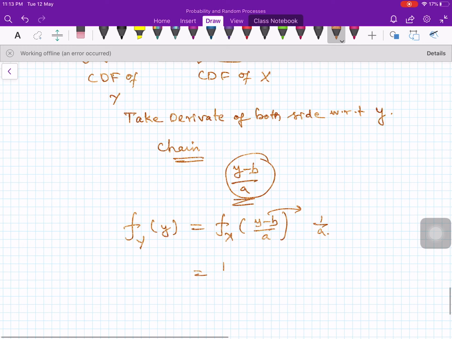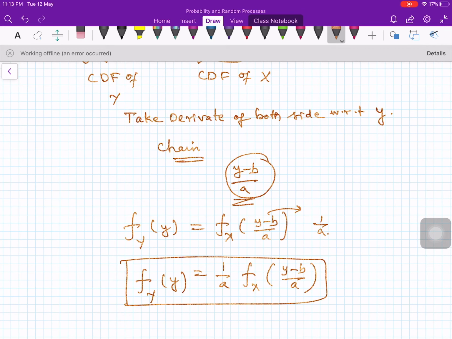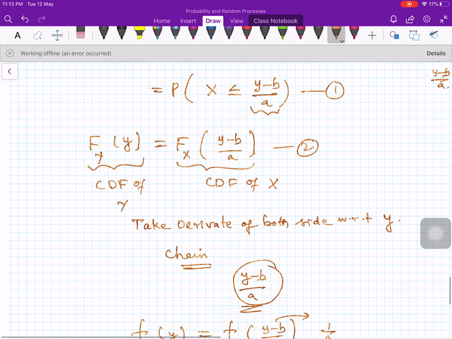Therefore this is 1 by a times fx of y minus b by a, which is fy of y. Now you can look at that: whatever we got agrees with what we derived previously with the picture itself. This gives the formula which is consistent with what I had written in the previous part, for the case where a is a positive number.